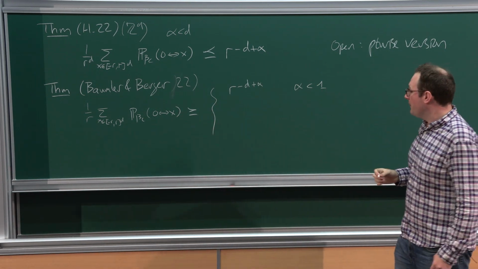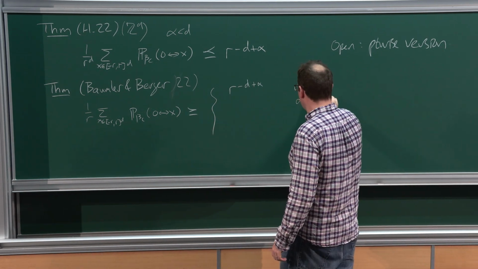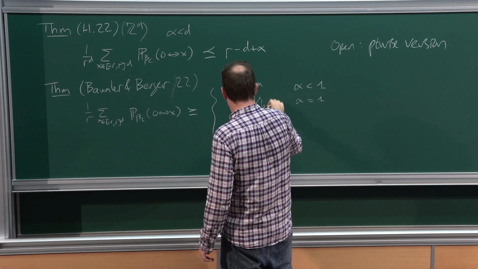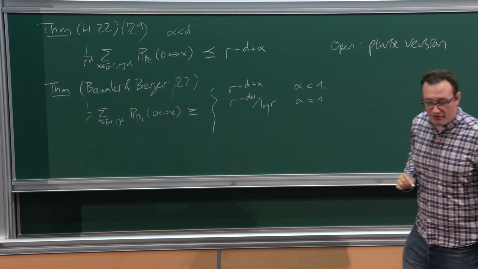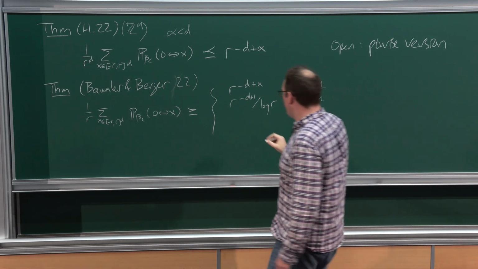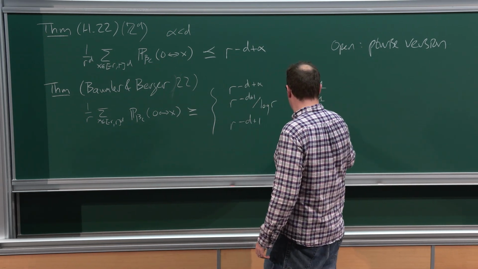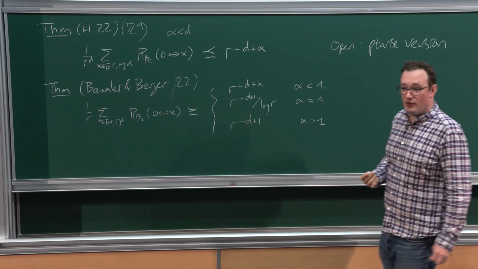If alpha is equal to 1, they get a lower bound that's matching up to a log factor, 1 over log. And when alpha is bigger than 1, the power just sticks at 1.